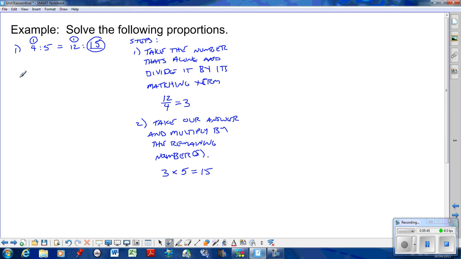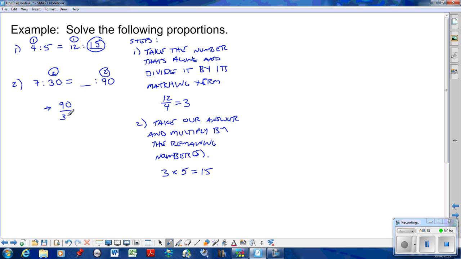As we move through, we'll do a second example. If I do 7 to 30 is equal to blank to 90, then the process is as follows. Step 1, take the number that's by itself, the 90, and divide it by its partner, the second term from the other ratio.